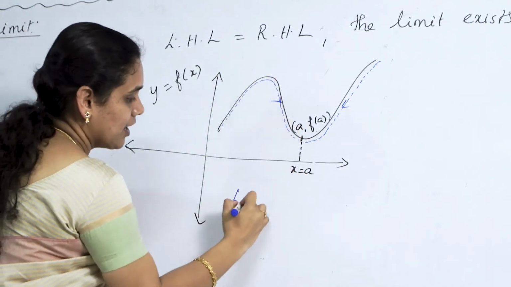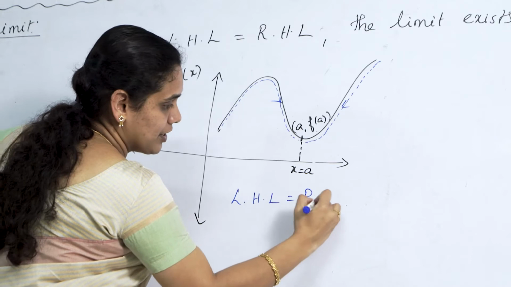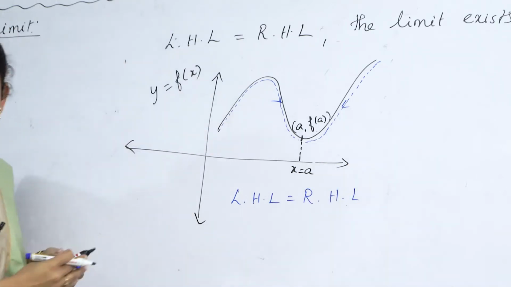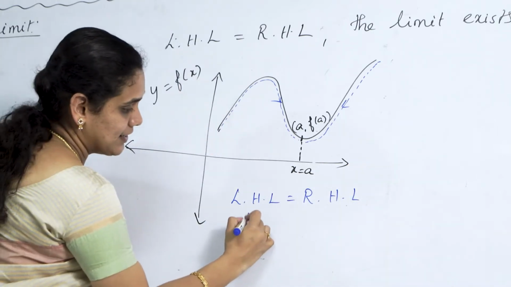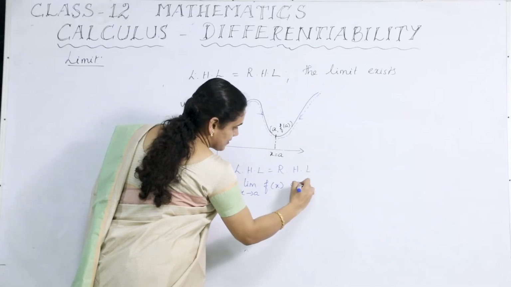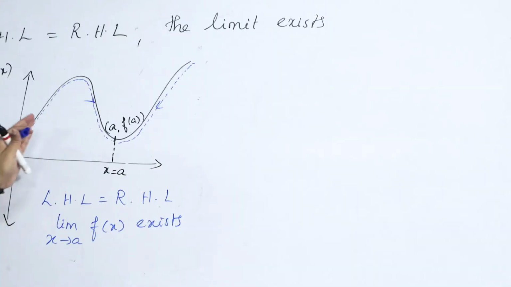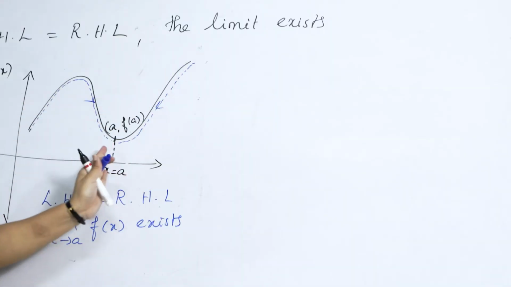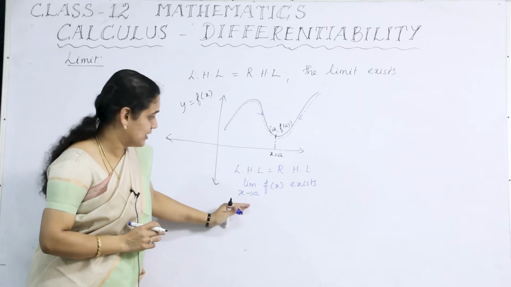So in this case, LHL is equal to RHL, because both sides are approaching the same value. Therefore, we can say that the limit x tends to a f(x) exists. Here the left hand limit and the right hand limit approach the same value, therefore the limit exists.